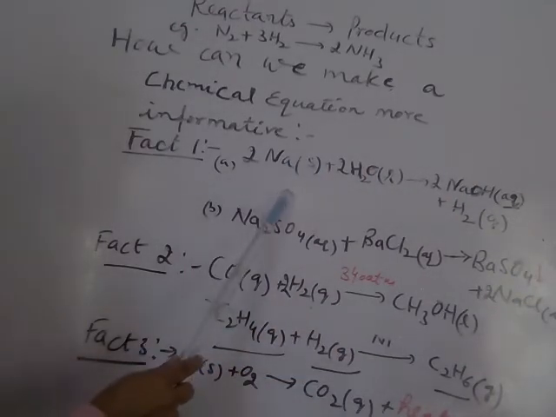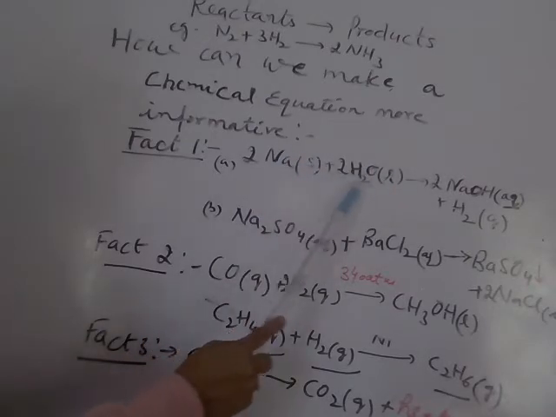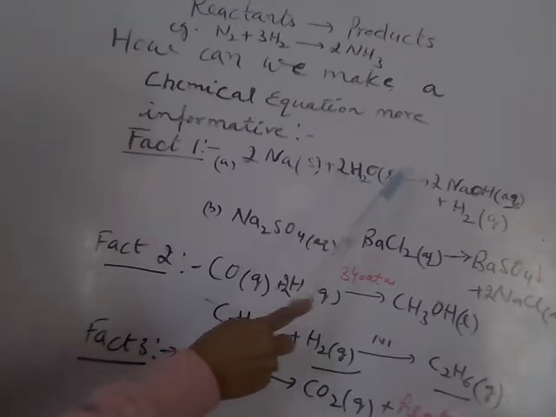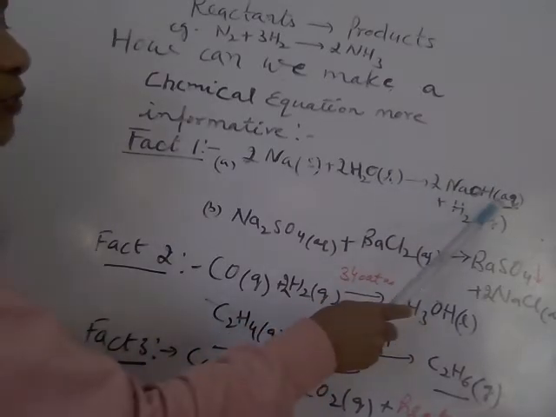Like in this particular reaction, sodium metal is in solid state, therefore I have written S for the solid. Sodium metal reacts with water, which is in liquid state, so I have mentioned L along with water, to form sodium hydroxide, which is in aqueous state.